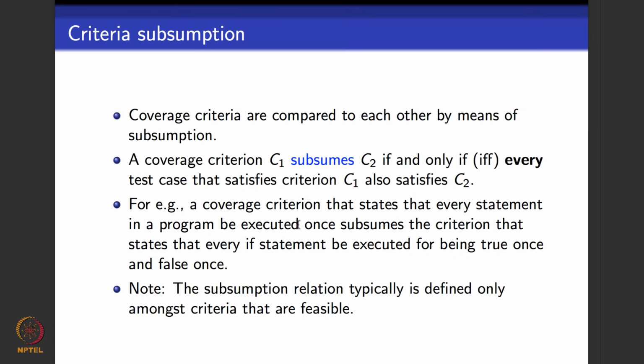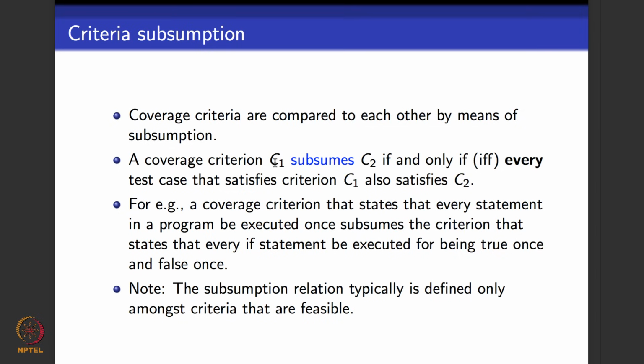And let's say there was another criteria which says that in every branch that you encounter, execute the true part, execute the false part. It is obvious that the first coverage criteria, which says execute every statement once, subsumes the second coverage criteria, right? Because if I execute every statement once, I would also be executing the statements of the then branch and the statements of the else branch, right? So this is how I use the notion of subsumption to be able to compare coverage criteria.